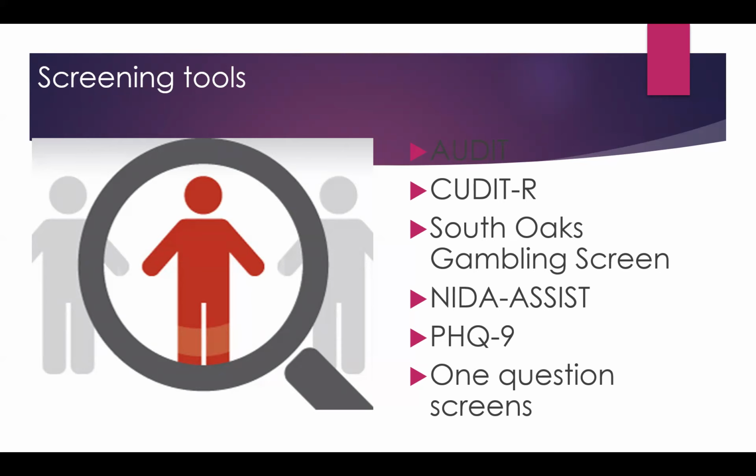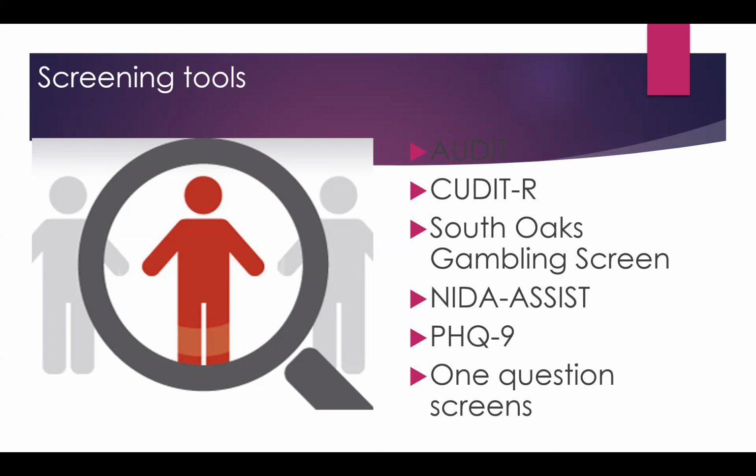So there's the AUDIT, the Alcohol Use Disorders Identification Test. That's a 10-question instrument. There's also an abbreviated three-question instrument. There's the CUDIT, the Cannabis Use Disorder Identification Test, which is comparable to the AUDIT, but addresses cannabis use. There is the NIDA Assist, and that can be done online or through interview.